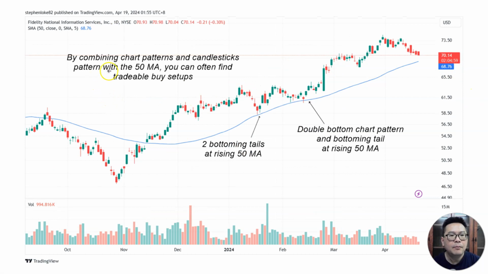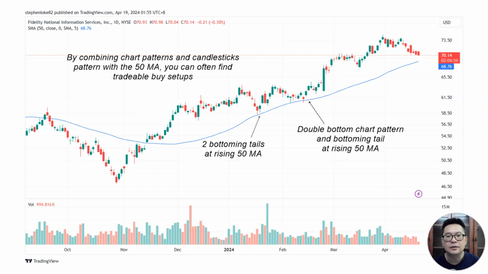Now, by combining chart patterns and candlestick patterns with the 50 MA, you can often find tradable buy setups. Now, what are chart patterns? Chart patterns are like double bottom, triple bottom, reverse head and shoulders. And candlestick patterns, what are candlestick patterns?